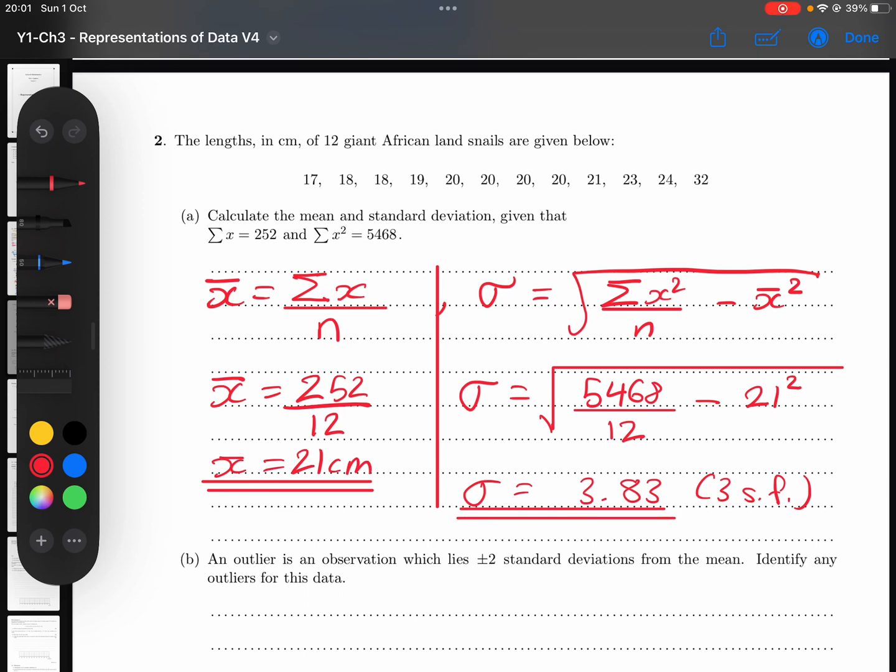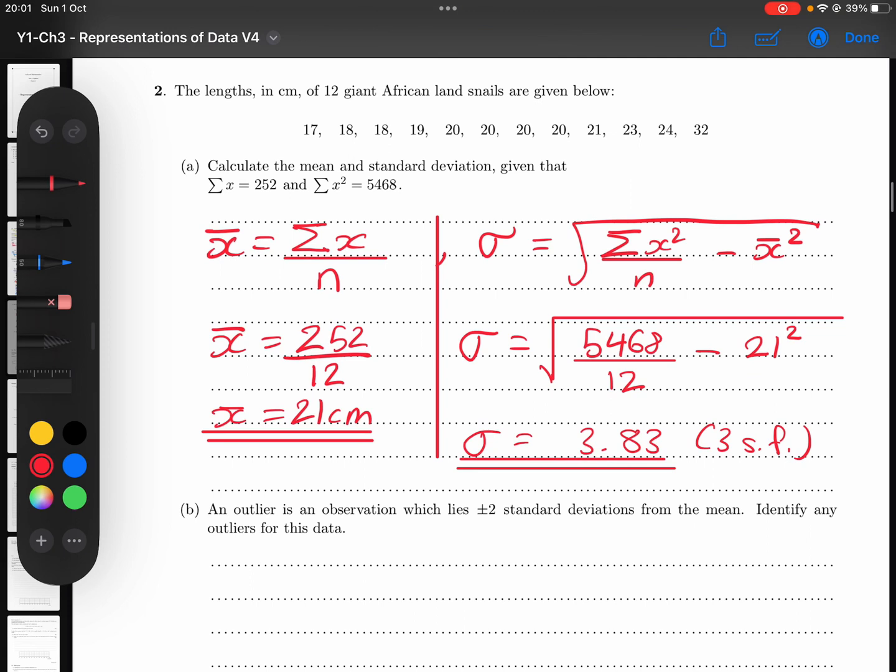Okay. And now we'll be able to see how we can use these summary statistics to find any outliers. In part B, we're told that an outlier is an observation which lies 2 or more standard deviations from the mean. And it's our task to find any outliers for this data.